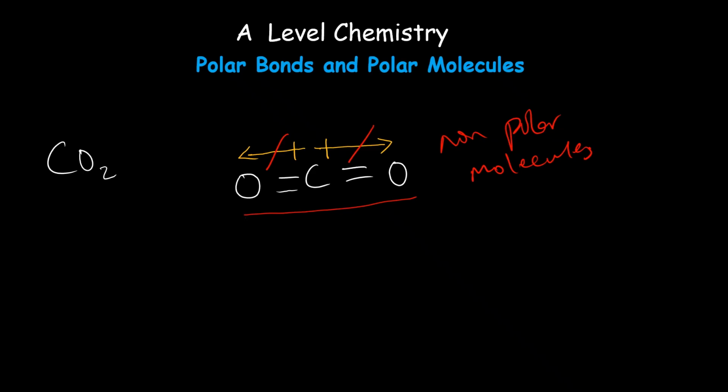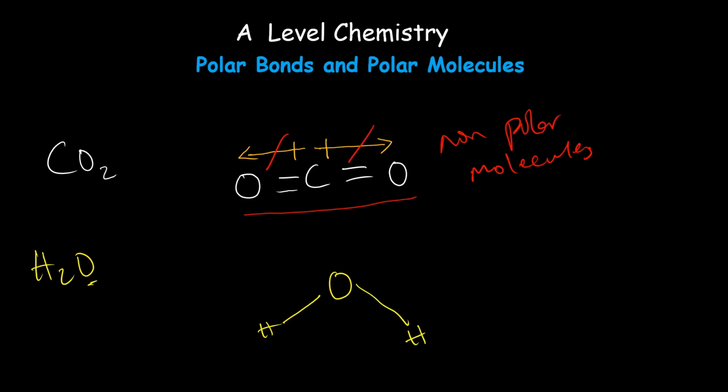Let's go to another example. We have H2O. Now, the oxygen here is the central atom, right? It's bonded to two hydrogen, and the shape is bent. I've explained that in my previous video. You can check my previous video on shapes of simple molecules to understand better. Now, there is a polarity between oxygen and hydrogen.